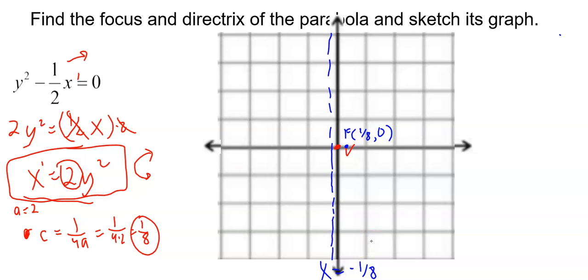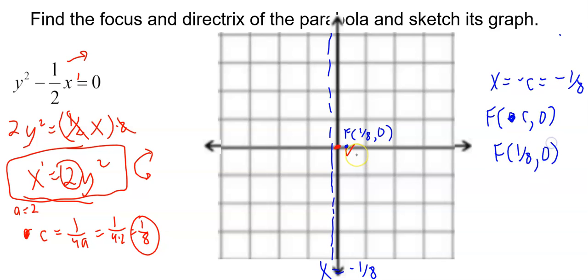Again, you really could have just used the formulas for this. The formula is x equals the opposite of c. You knew that c is 1/8, so it would be x equals negative 1/8, which is what we got. The focus point for this type of graph is c, 0, so the focus should be at 1/8, 0, which is where it is.